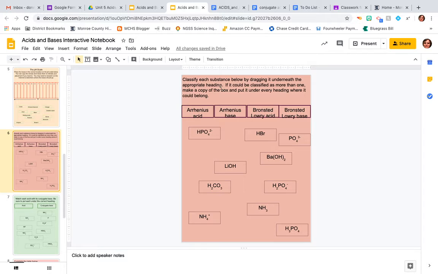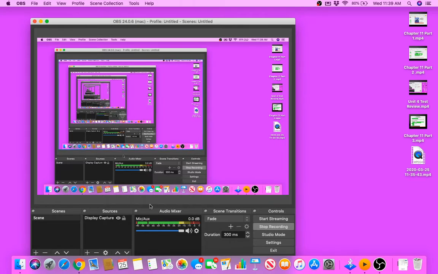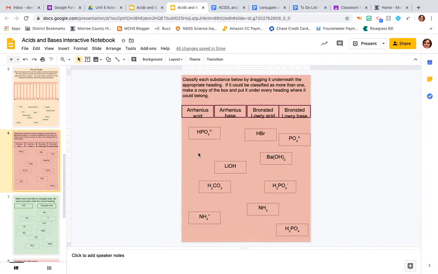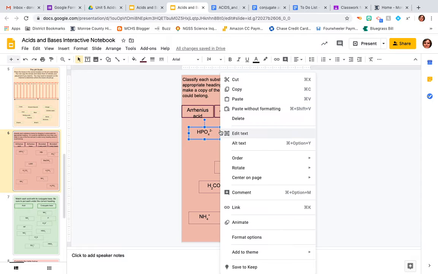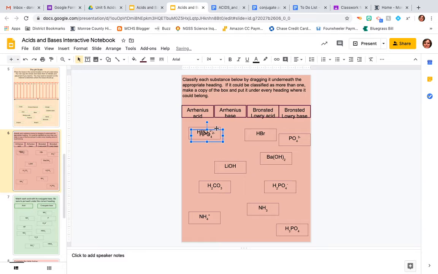I tell you that here in the instructions. If you need to put those under more than one heading, then you can click on the box, make sure you see that plus, and then you can copy that box, then you can paste that box, and you can have another box to put under another heading.